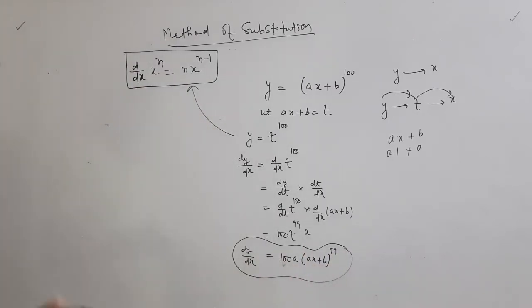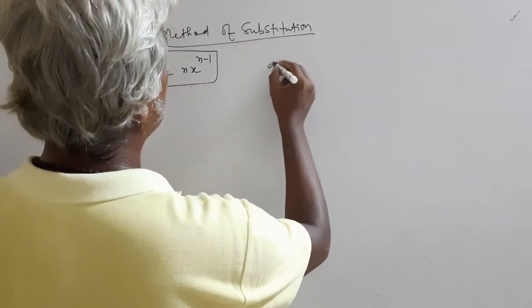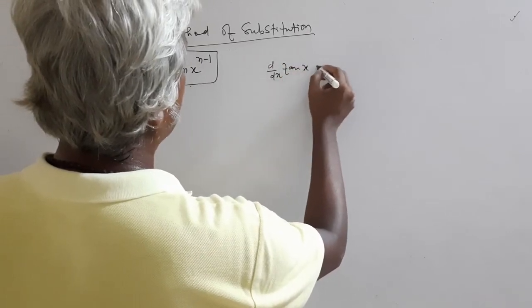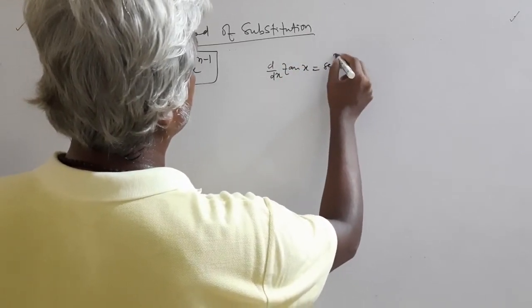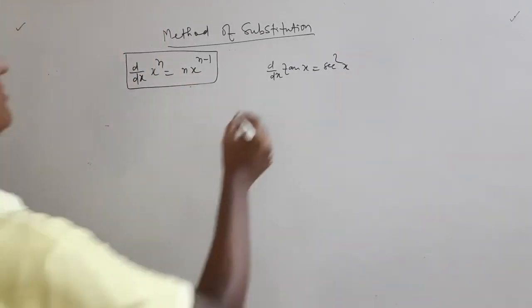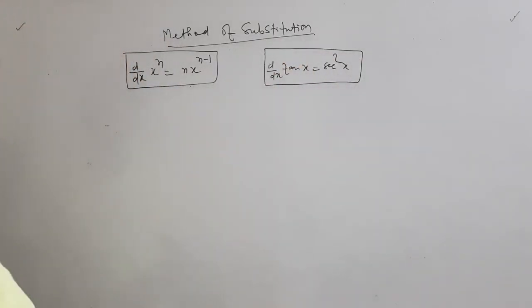Now I'll take another example to explain the ideas of the method of substitution. This time, suppose you know that there is a formula: d by dx of tan x is sec square x. This you know. How have we found this formula? By the ab initio method, or the first principle.